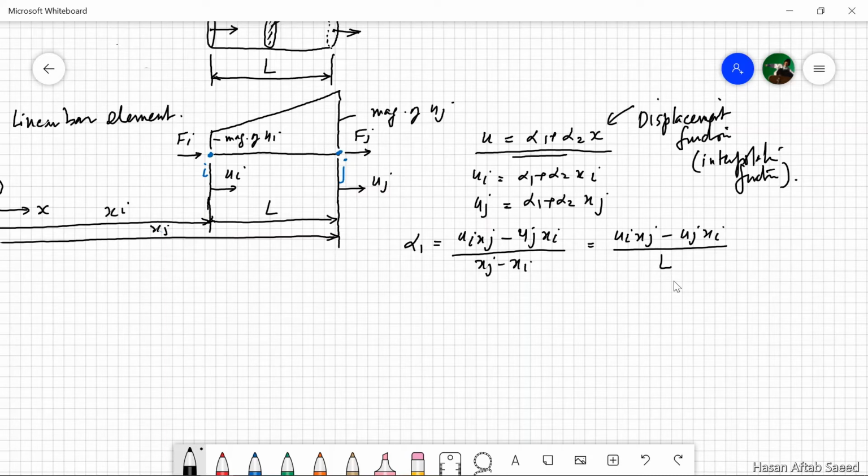Now alpha 2, the second coefficient, is even simpler: uj minus ui over xj minus xi, which means this is uj minus ui over L again. xj minus xi is equal to length L.